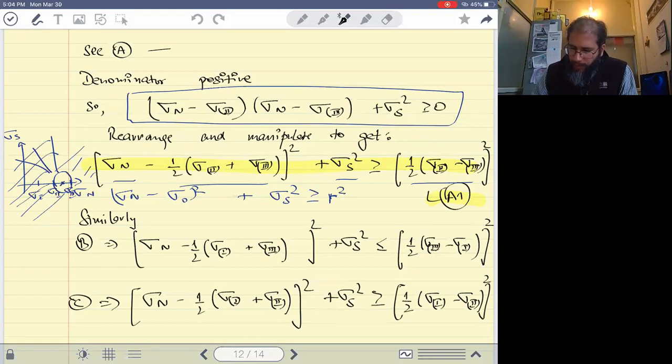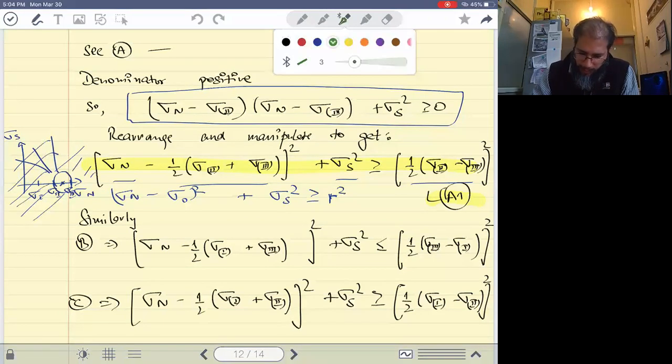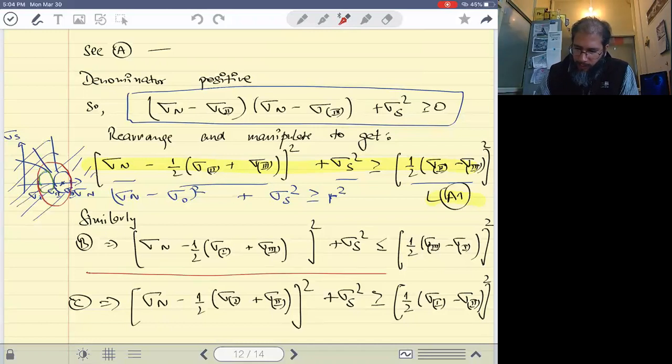So what we see is that the feasible region is outside the circle which is formed between 1 and 2. So I form another circle between 1 and 2, and the feasible region is outside this, and I can form a third circle which is between 1 and 3. And what we see from this equation number B is that the feasible region is inside this circle.